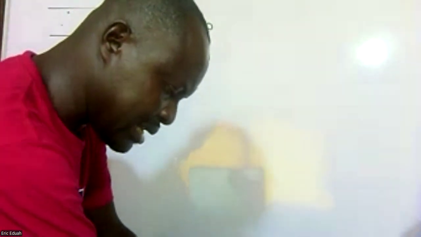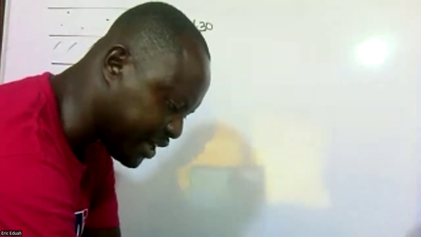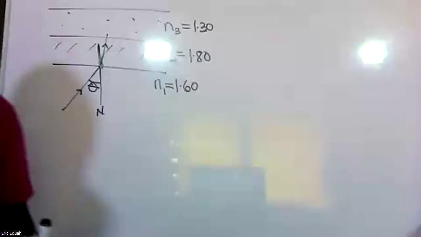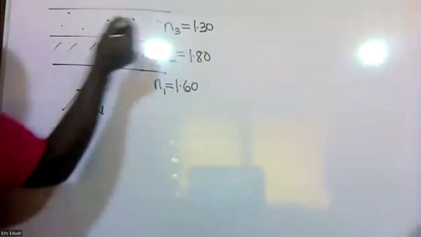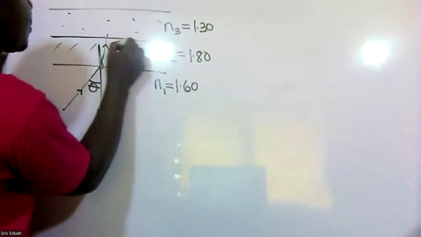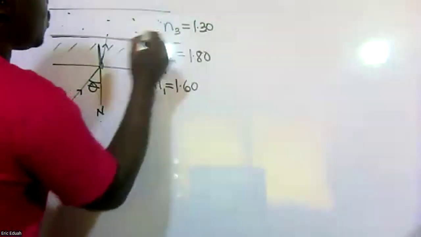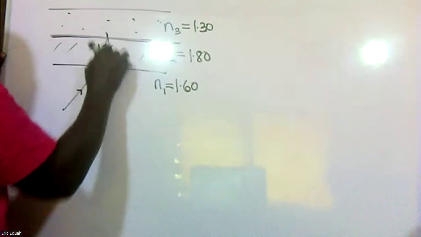Let's continue. And then it's incident at the critical angle on the interface between material 2 and 3. The interface between material 2 and 3 is just the boundary between them. And we are told that it hits the critical angle.